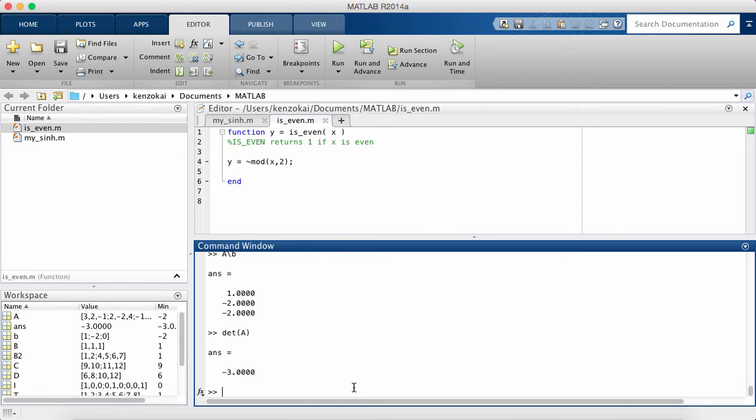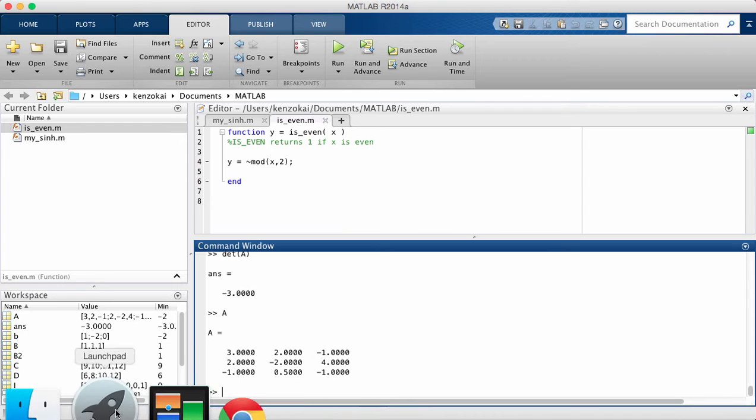Remember A was 3, 2, minus 1, 2, minus 2, 4, minus 1, half, minus 1 from the last example. We can also compute the eigenvalues of a matrix. So eig(A).